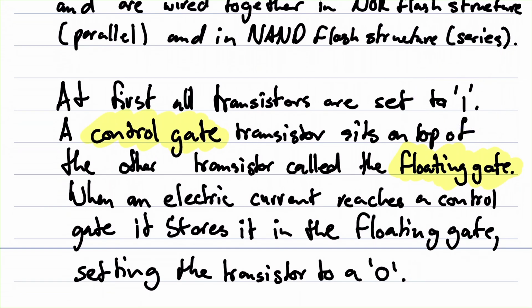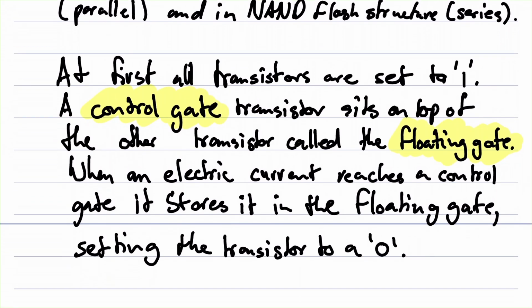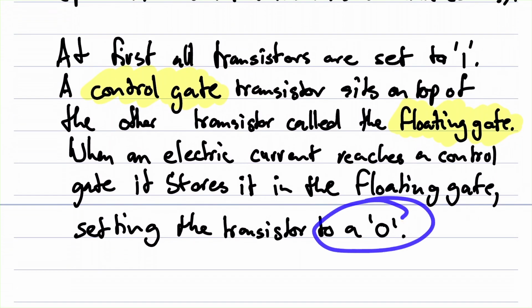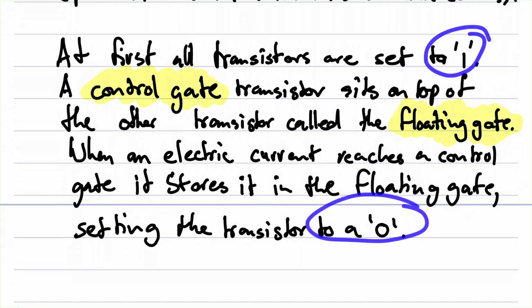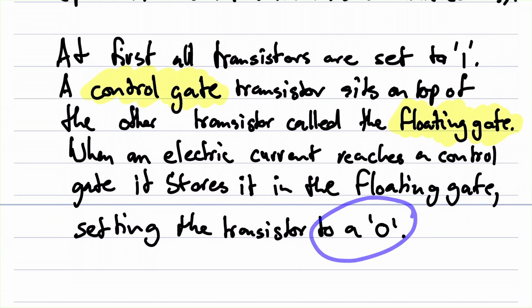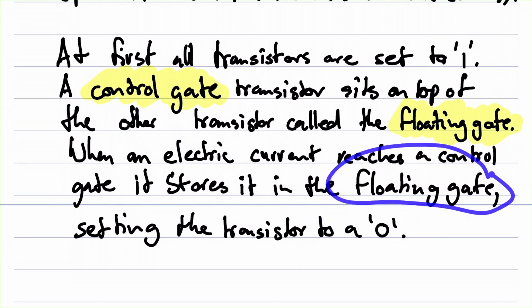And then when electric current reaches the control gate that's sitting on top of the floating gate, so we might have a floating gate and a control gate on top, something like that, the control gate can decide whether it wants to store it in the floating gate. If it does store it in the floating gate, that transistor is then set to 0. That means it's stored. Not stored is 1, stored is 0. Stored in the floating gate, and the control gate controls whether or not it's stored.